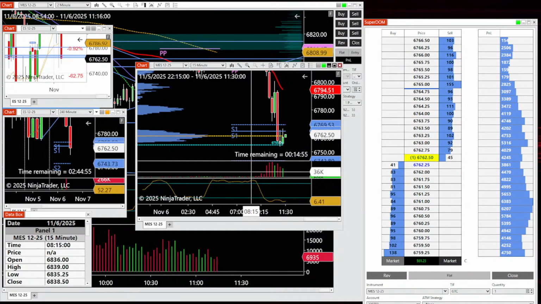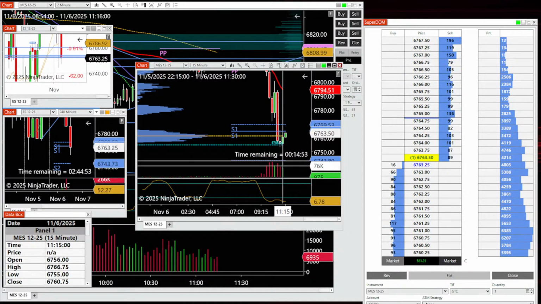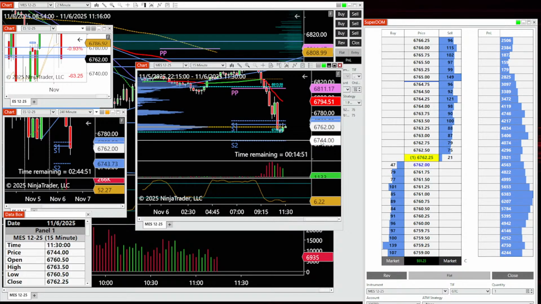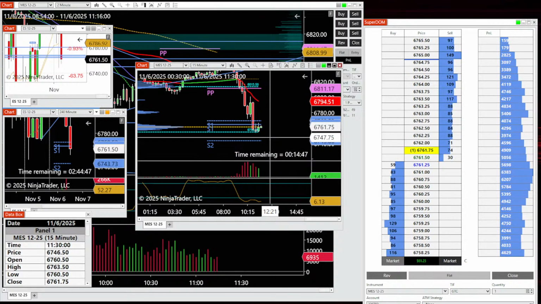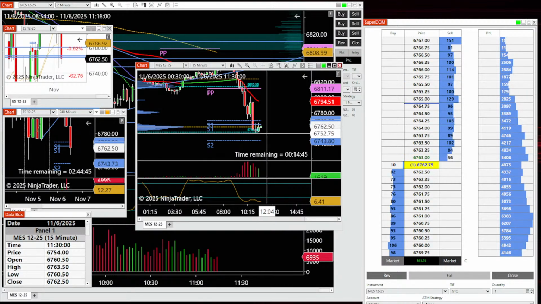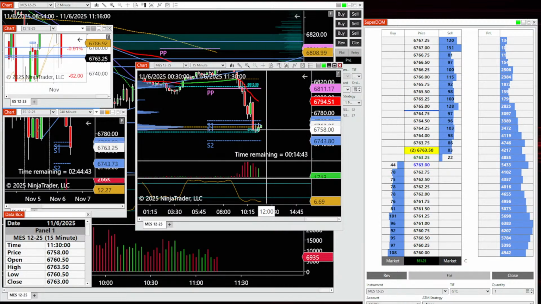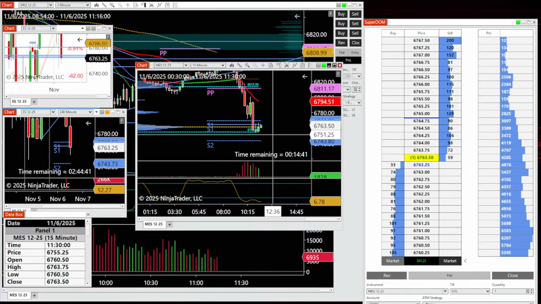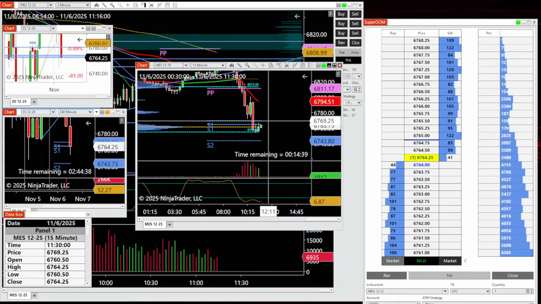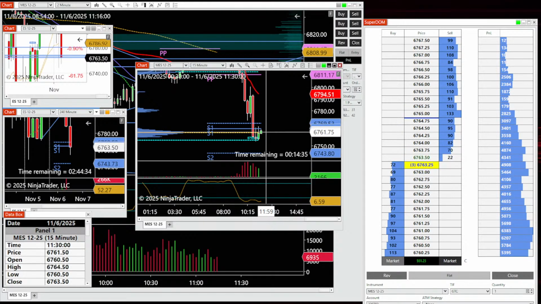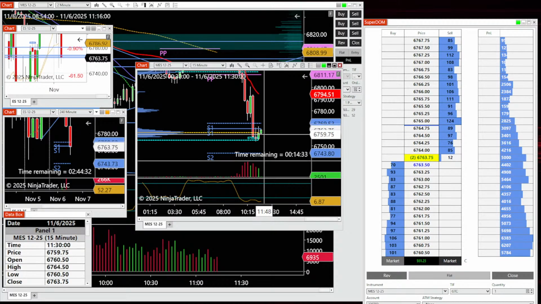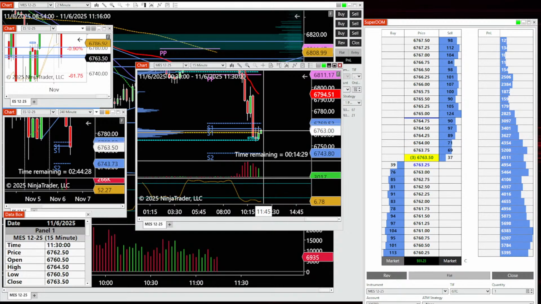Another 15-minute bar just opened up, and we haven't made lows, but this could roll over. So I'm not too excited about taking this bar up to 75. Could happen, and if it does, then I probably would miss this trade if this bar just makes that whole move with no pullback and continuation.